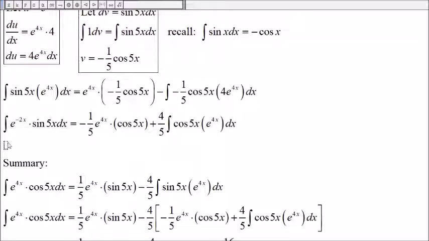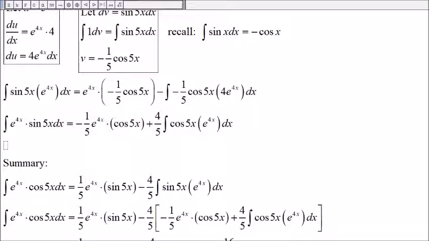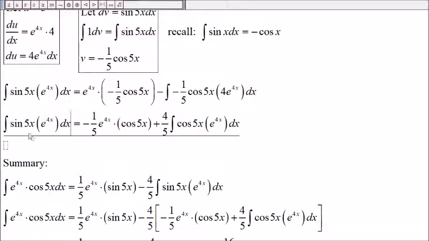So we found the integral of e to the 4x sine 5x is equal to this.